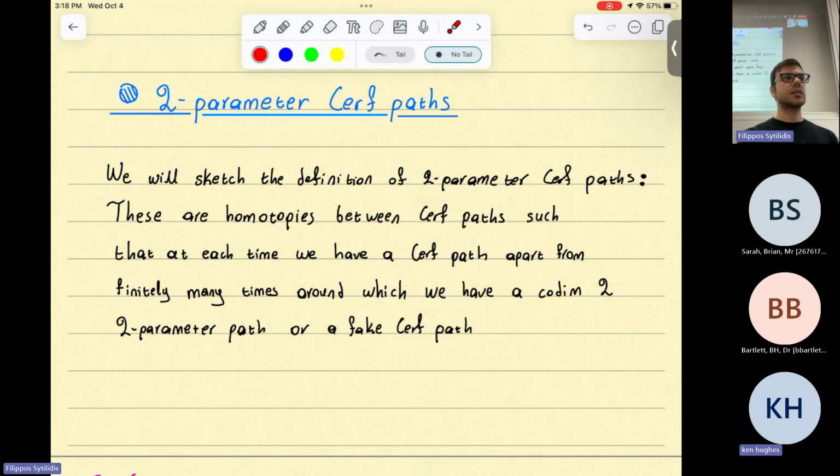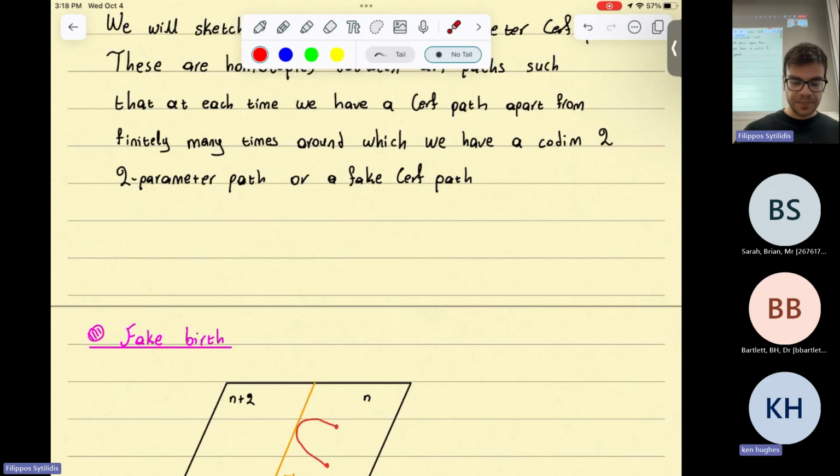We excluded a bunch of paths that generically wouldn't appear. To rephrase that, we didn't just want to cross the codimension 1 strata, but we wanted to cross them in a genuine way. We didn't want to cross them in what I'm calling here a fake way.